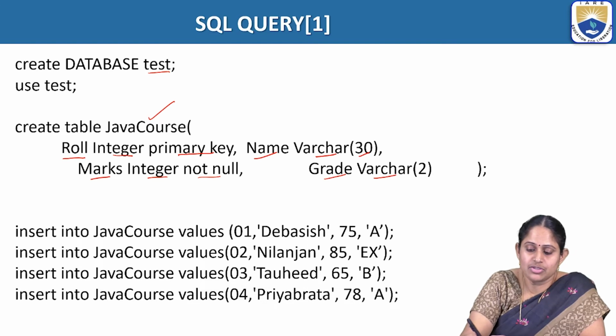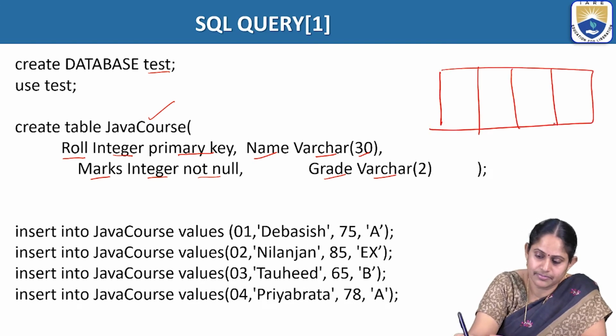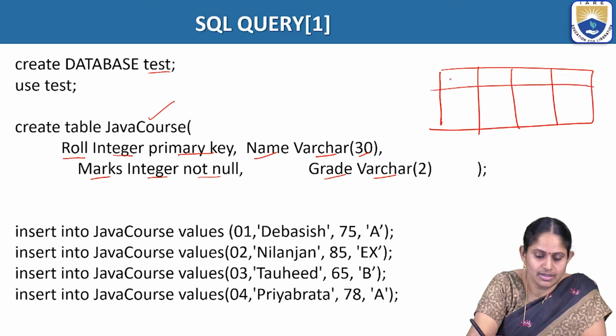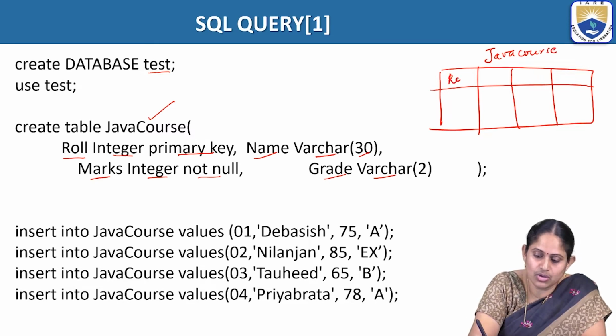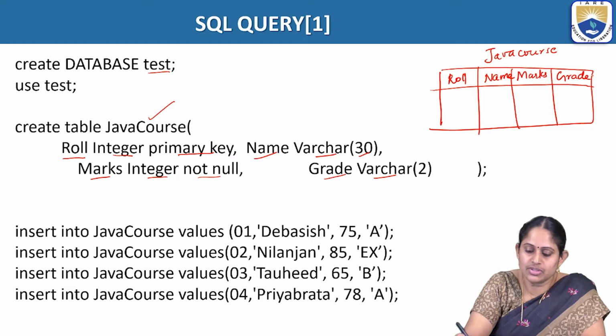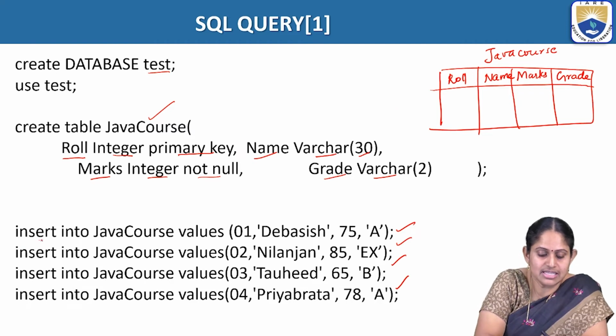So now it forms a table like this. The table name is Java course, and it contains roll, name, marks, and grade. Into this table we are inserting 4 rows. The syntax is insert into Java course values, followed by these values.